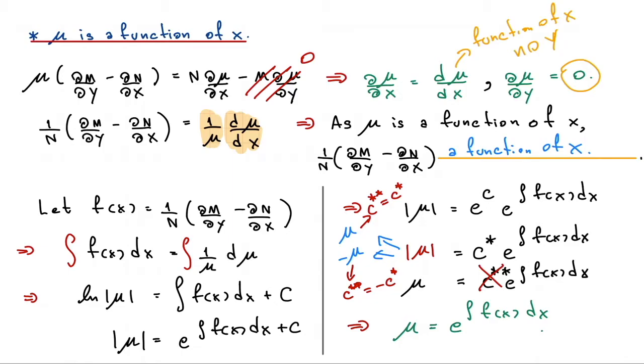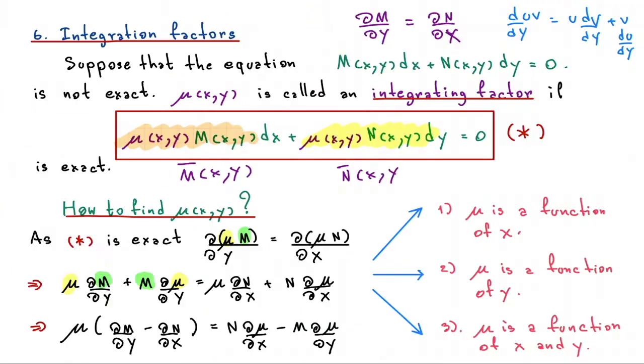So guys, to sum it up to this point, we want to find the integrating factor, which is mu, such that mu m dx plus mu n dy equals 0 becomes exact.